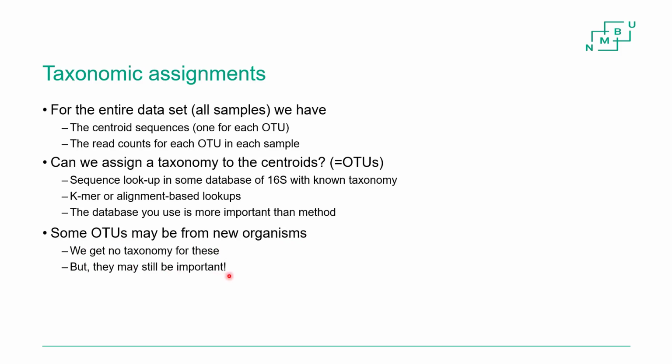But they must still be important, and I think we should not be too hung up on the taxonomy here, because when we do meta-barcoding, we expect to discover something new as well. Of course, there will be something already known to us, so many of them will be assigned taxonomy, but we must be prepared that there is also something new which is not assigned taxonomy, and it doesn't mean they are unimportant. On the contrary, these could be super important, the new ones. So we shouldn't be too hung up on the taxonomy.